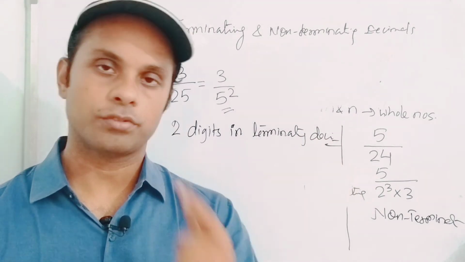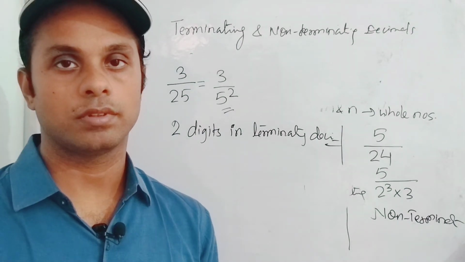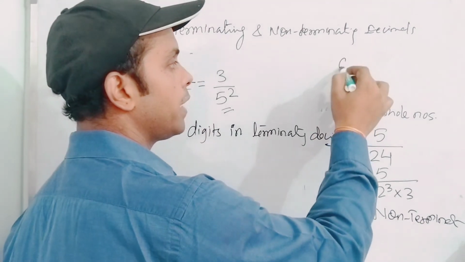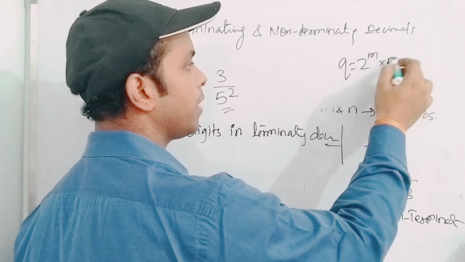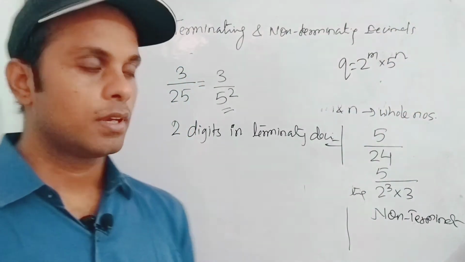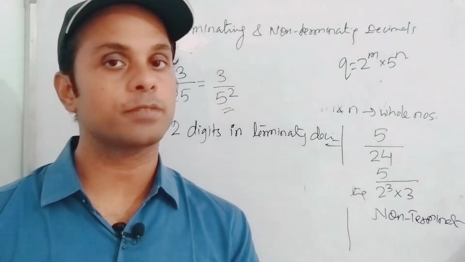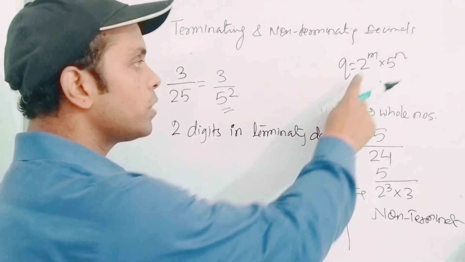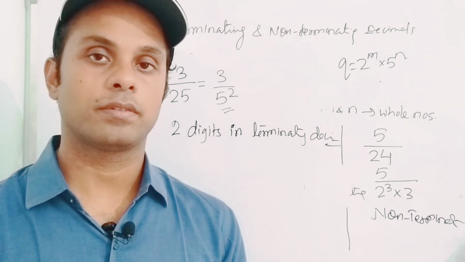Okay, now look at another example, or I tell you how. For this, as we discussed earlier, the denominator must be of the form 2 raised to the power m into 5 raised to the power n. Look here, this is 5 square, but to find out the number of digits, both the factors must be there.